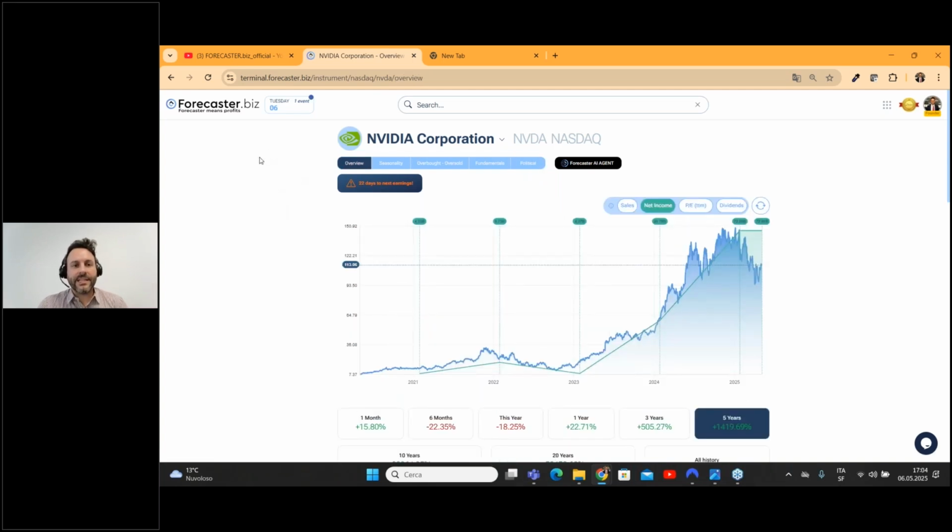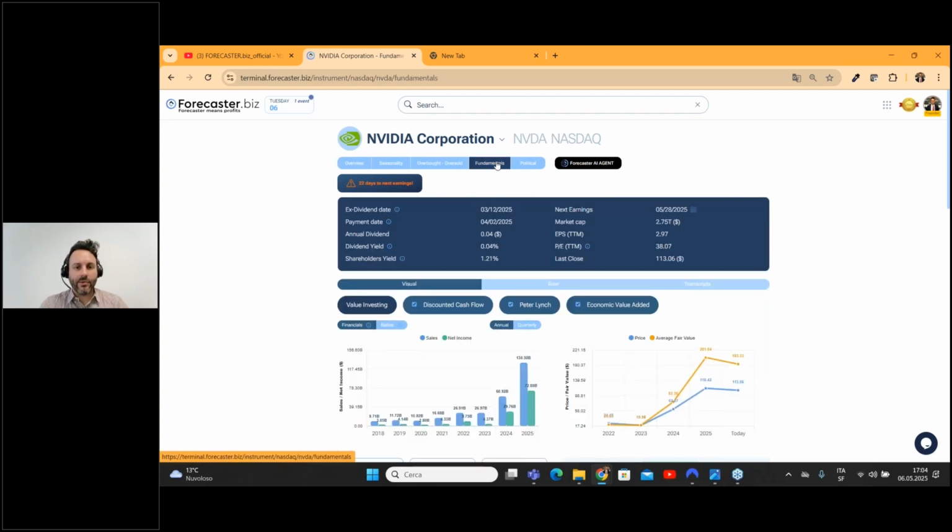We made the Forecaster this way because we like to analyze the same instrument with different approaches. Okay, so for example, you can analyze Nvidia from a fundamental point of view, and you can find all the data, and we will deep dive into this approach, don't worry.